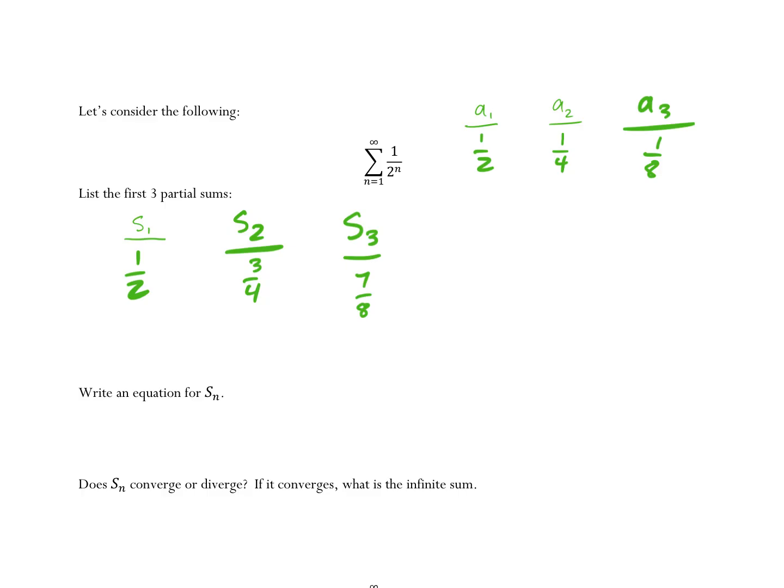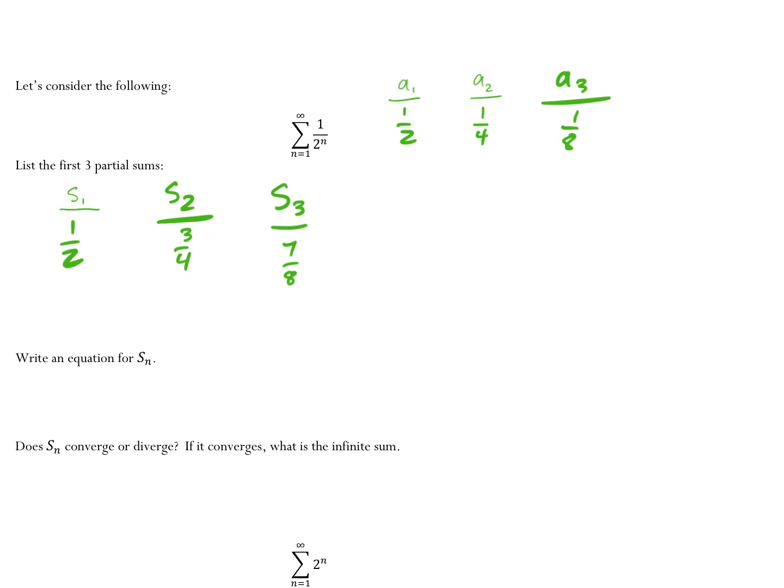Well, let's think this through real quick. If I try to do S4, A4, of course, becomes 1/16, right? If I'm doing 7/8 plus 1/16, that becomes 14/16 to actually add those together. And whenever I get that common denominator, this is going to be 2 less.